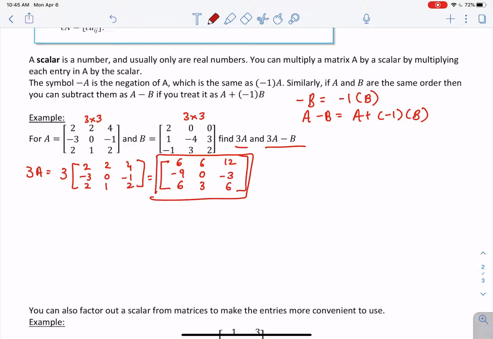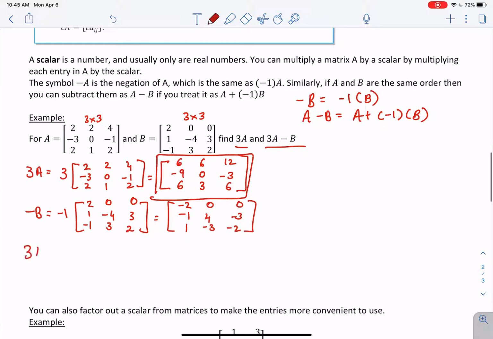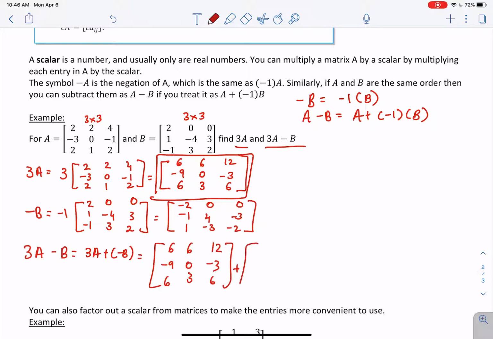Then we want to do 3A minus B. So we want to find the negative B matrix, which is -1 times the B matrix, which is -2, -1, 1, 0, 4, -3, -2, -3, 0. And then 3A minus B would be 3A plus -B, which would be 6, -9, 6, 6, 0, 3, 12, -3, 6, plus -2, -1, 1, 0, 4, -3, 0, -3, -2.